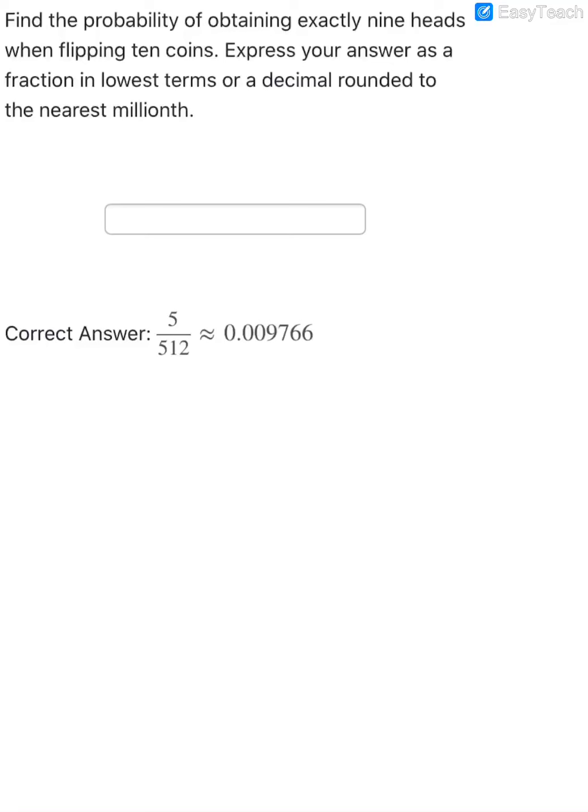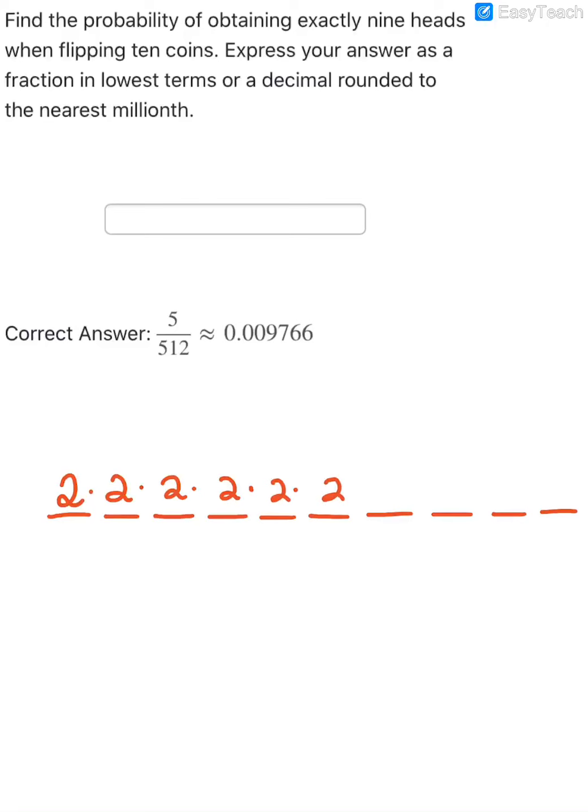So if I am flipping 10 coins, then there are 2 possible outcomes on the first coin, times 2 possible outcomes on the second, the third, fourth, fifth, sixth, seventh, eighth, ninth, and 10th. So that's what I would look at first. There are 1,024 different outcomes whenever you flip 10 different coins.